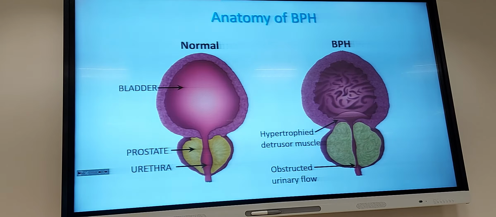Number two, as it gets bigger, it compresses the urinary bladder as well, sitting directly underneath, so it compresses the neck region of the bladder. So it produces irritation of the bladder neck, and certain irritative symptoms as well. So there are obstructive symptoms as well as irritative symptoms, mainly obstructive symptoms, because it's getting bigger, compressing the urinary bladder as well as the urethra.